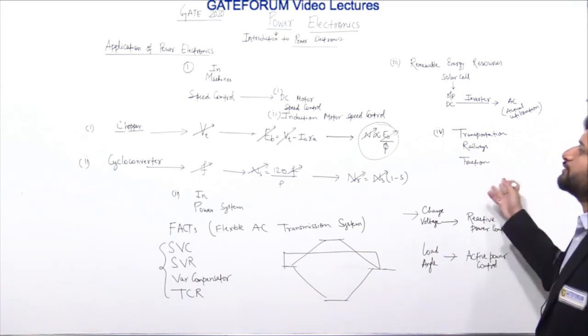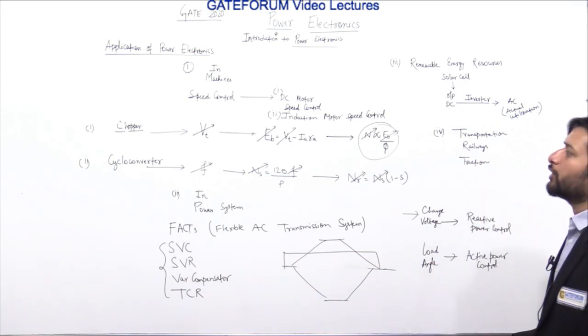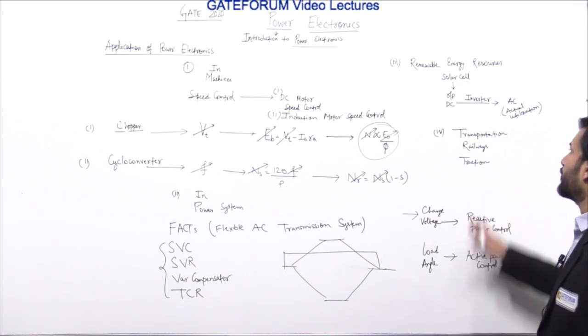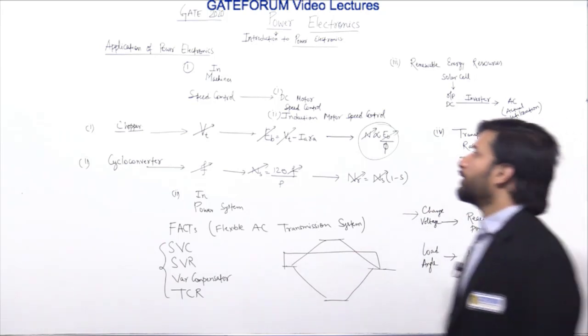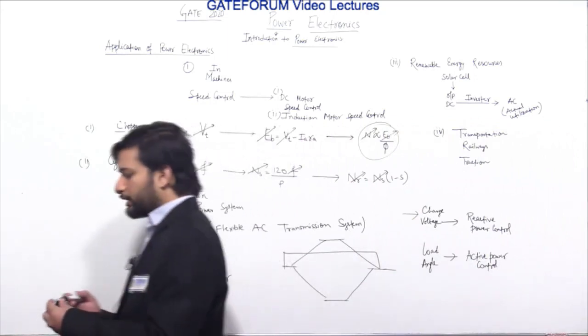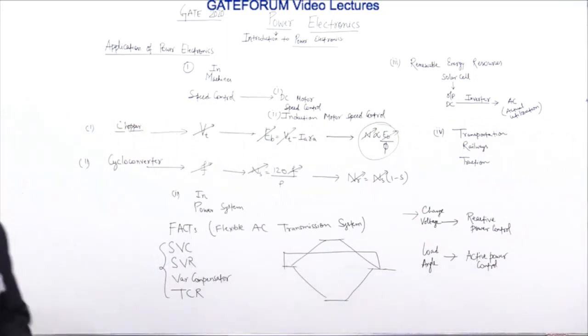Again, for a DC series motor you need to control the voltage. So transportation, renewable energy resources, low power devices and high power devices, in all these places power electronics plays a major role. So this is about the application of power electronics.